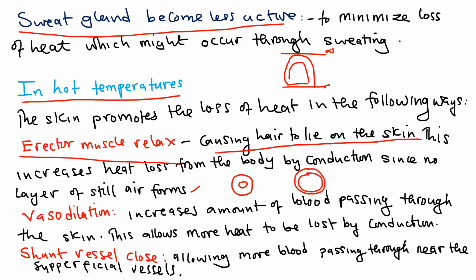So these are shunt vessels. If I've made a mistake when explaining, let us make some amendment. So the shunt vessels close, which means the blood will pass through the superficial vessel. So when the shunt vessels close, the blood passes through the superficial vessel, which are near the skin, and this promotes the loss of heat through conduction. So please make that amendment.